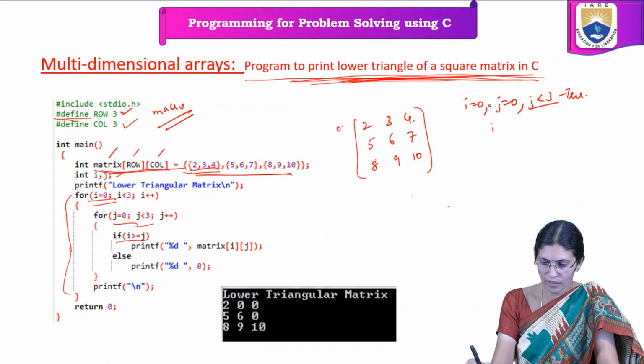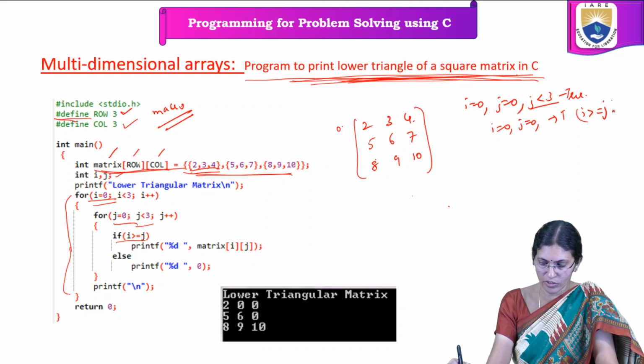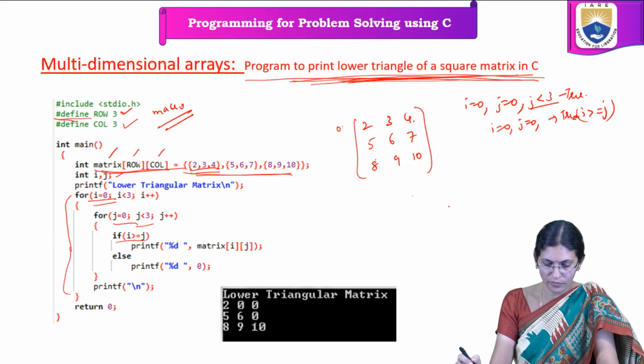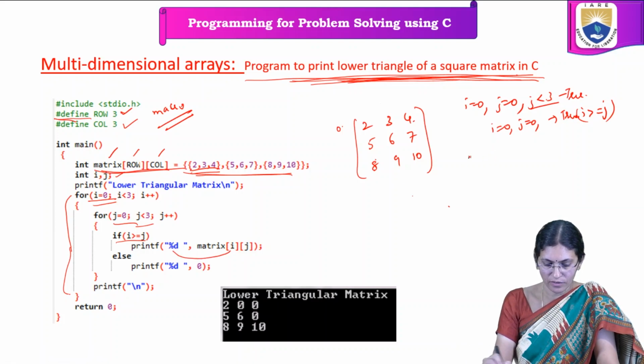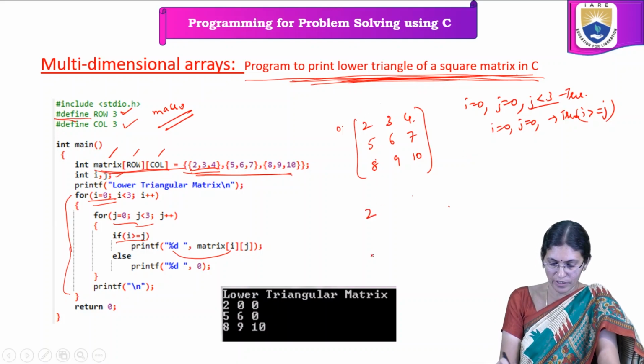Here i is equal to 0 and j is equal to 0, so this condition is true. Therefore the corresponding element will be printed. The corresponding element is 3, so at this position 3 will be printed.